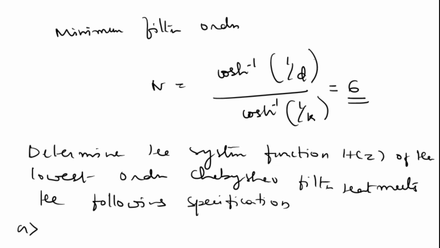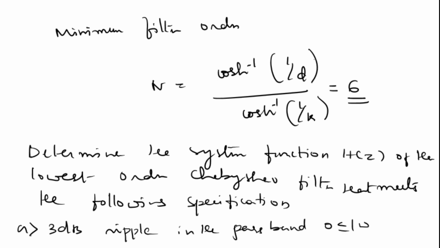First one, 3 decibel ripple in the pass band, 0 less than or equal to omega less than or equal to 0.3 pi.